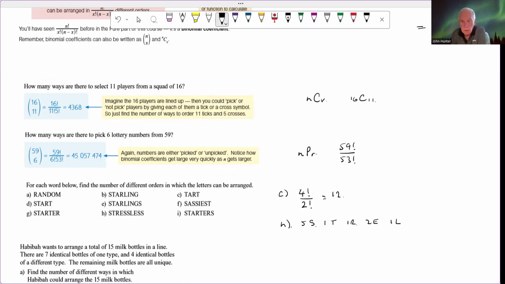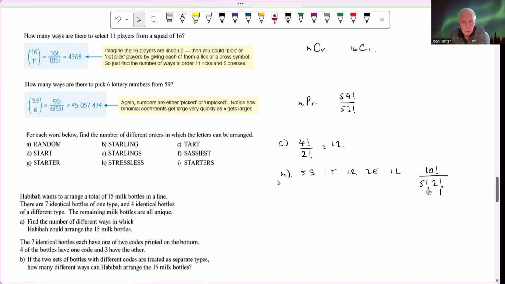That's right. So if they were numbered, it would be 10 factorial, but we need to factor out the order that the S's are in, and the order that the E's are in. 2 factorial, just 2, obviously. So that's going to give us the total number of arrangements of the letters of stressless. Okay, right, so that is that.